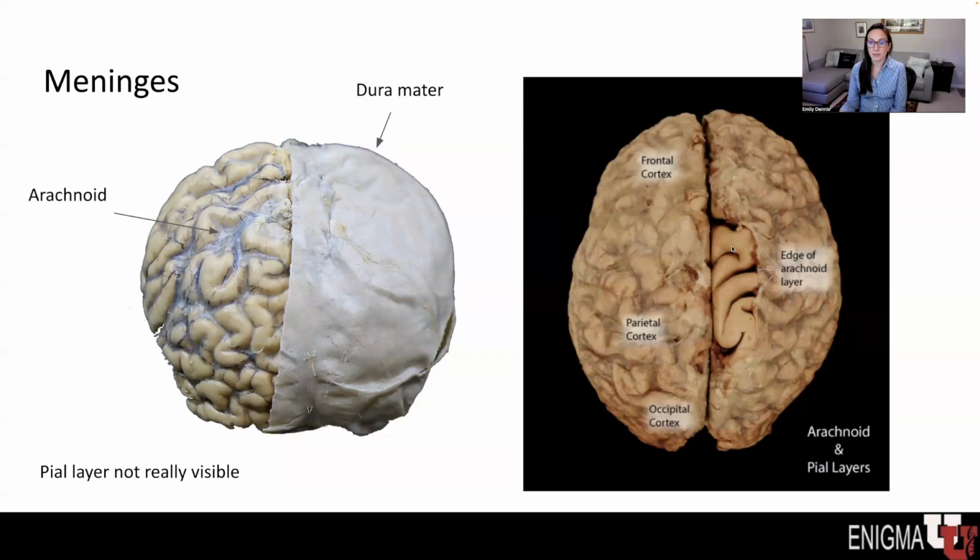And then we have the pia layer, which you can't really see because it is directly on top of the brain and it covers it very well, but it would be under. You can see all of these blood vessels running through the arachnoid layer. So these are important for support and for protection.